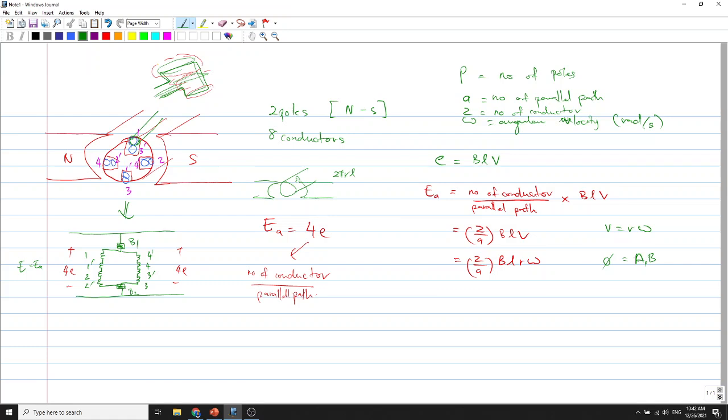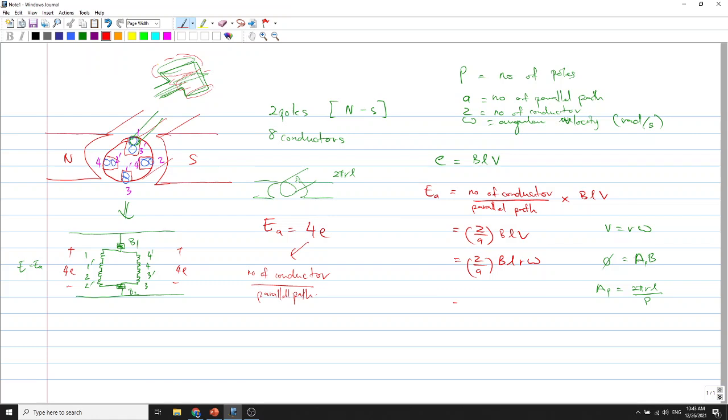How about per pole? The area per pole is 2 pi r L divided by the number of poles. Then we can replace the area first.